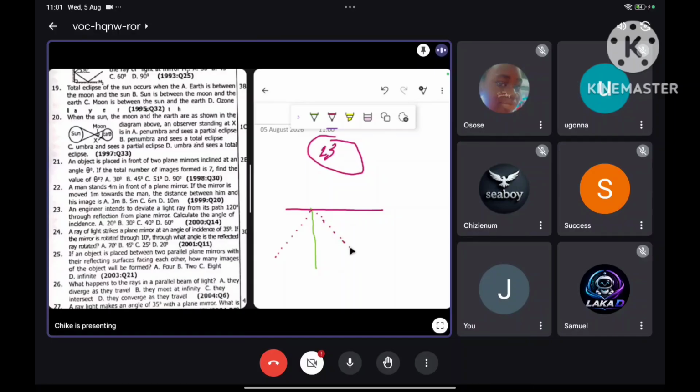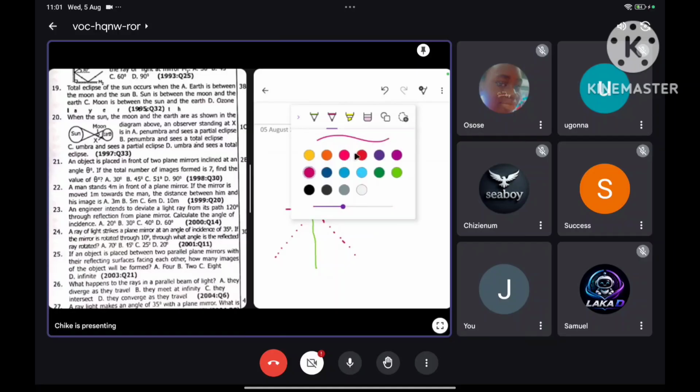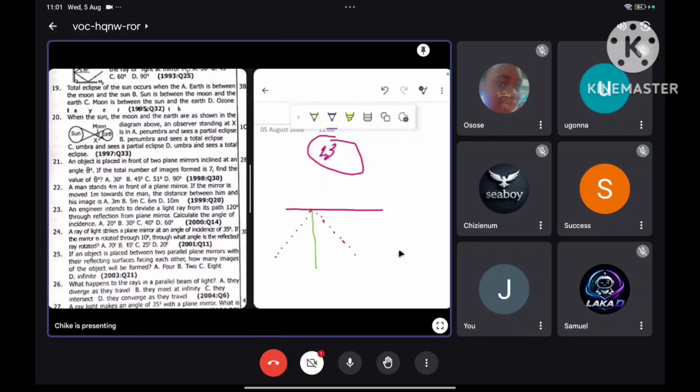Normally, do you understand before I go too far, please? Normally, it's supposed to come through this angle of incidence, hit the surface, and come up as a reflected ray. Are you following me? Are we together, class?